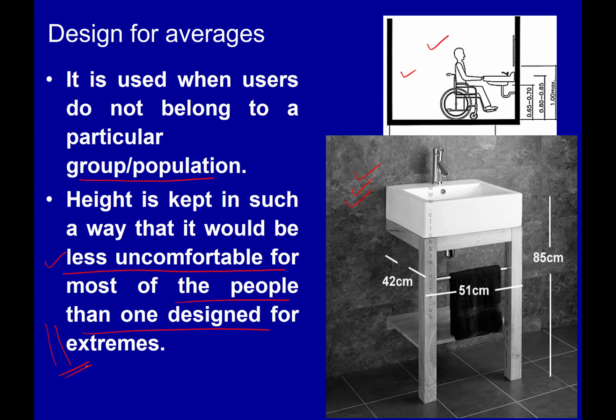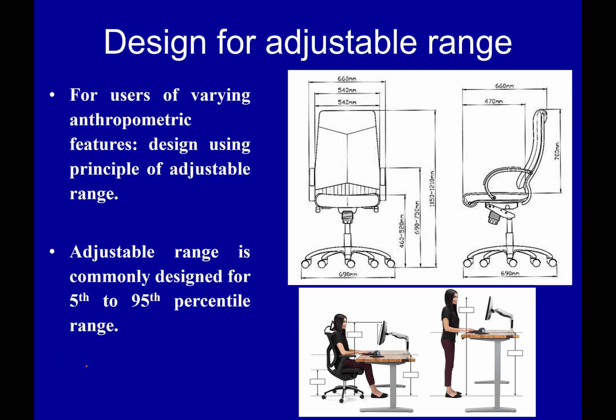And similarly, for things designed for public places where there is no fixed user, we also don't use the design for adjustable range. The design for adjustable range is for the cases where users of varying anthropometric features will be using the product.